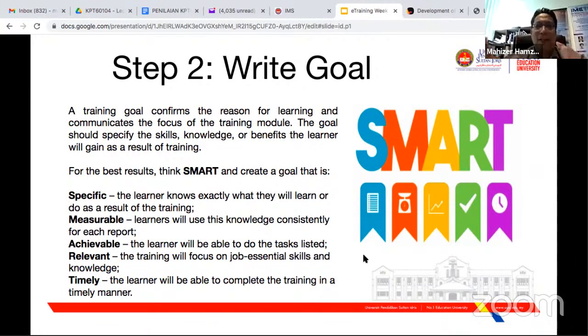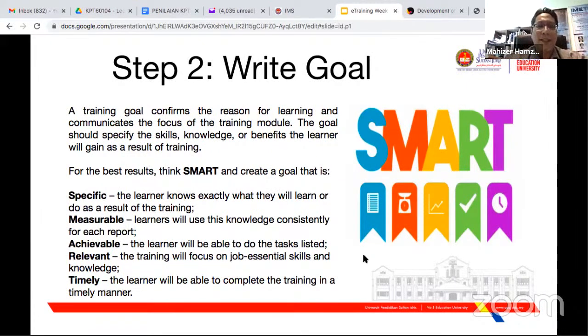Kita tahu around 80% je, they cannot be 100%. Maybe along the way ada yang absent dan sebagainya. Even in kuliah pun sama juga kan, ada pelajar-pelajar yang hadir, tak hadir, hadir tapi tidak memberi tumpuan. Itu semuanya yang akan baki 10% yang mungkin tidak dapat menguasai skill and knowledge tadi.